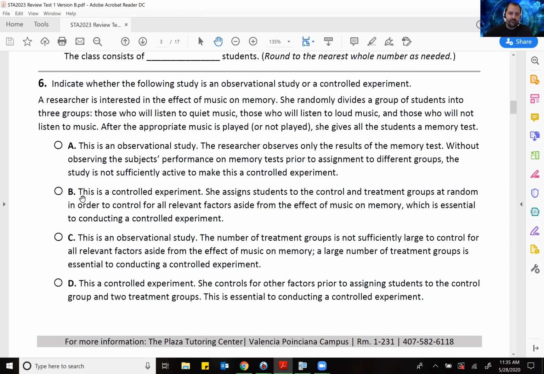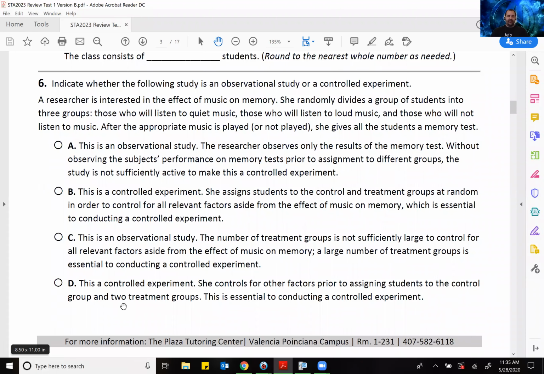And D says this is a controlled experiment. She controlled for other factors prior to assigning students to control group and 2 treatment groups. This is essential to conducting a controlled experiment.